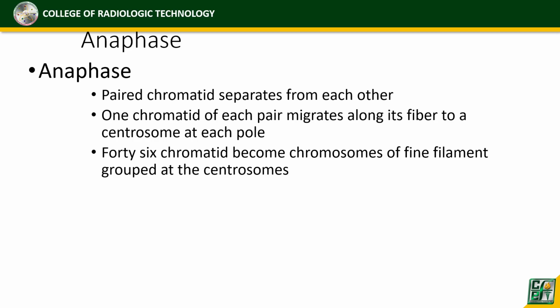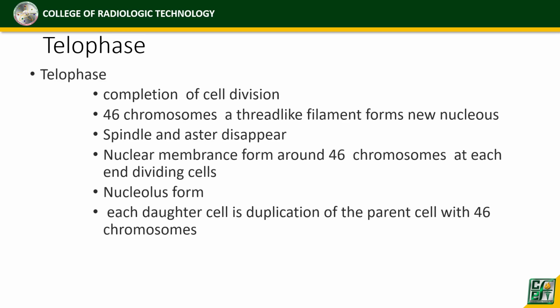So yun yung mga function niya. Okay. So the 46 chromatids become chromosomes of fine filament group at the centromere or centrosomes. Then telophase. So it is the phase where the cell division is complete.